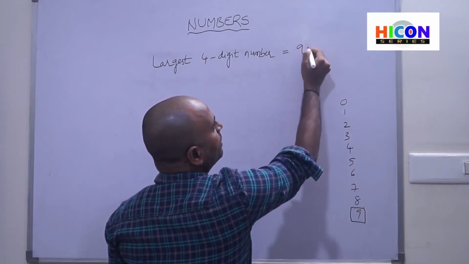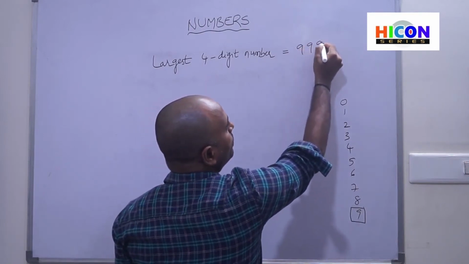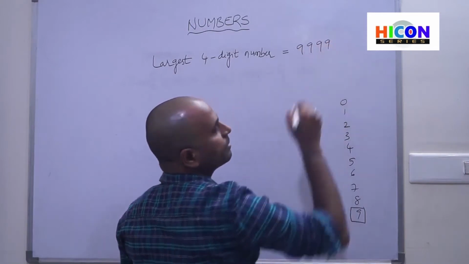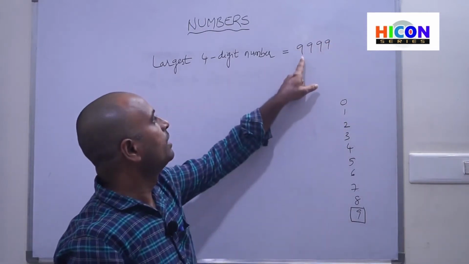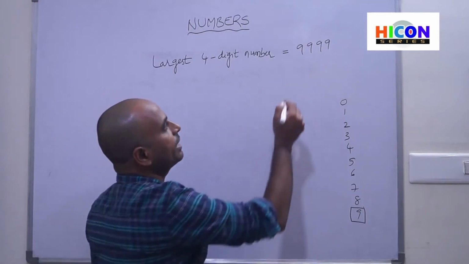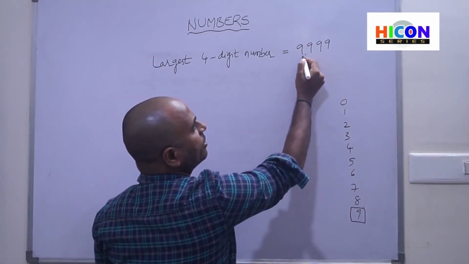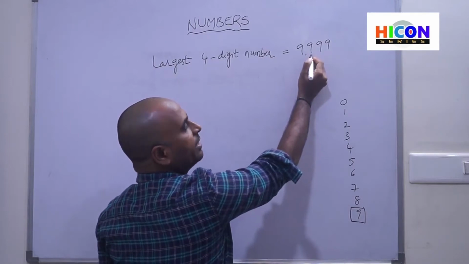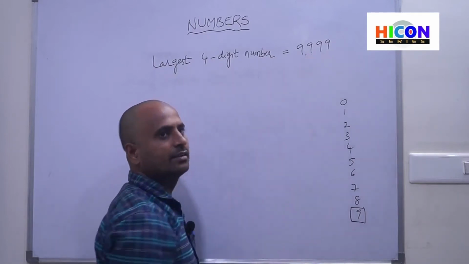So 1, 2, 3, 4. This will be the largest 4-digit number, and it can be read as 9,999.